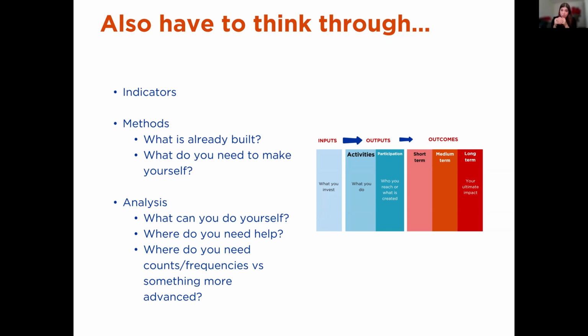But particularly thinking through when you're putting things into an analysis plan, what can you do for yourself? Where do you need help, right? Is there somebody at your organization who is good at Excel or good at Google Forms or SurveyMonkey or Qualtrics or any of those things who could help you out, right? And then also, if there's cases where you feel like you do need a better analysis or you're not sure what that analysis is, how are you going to figure those things out?